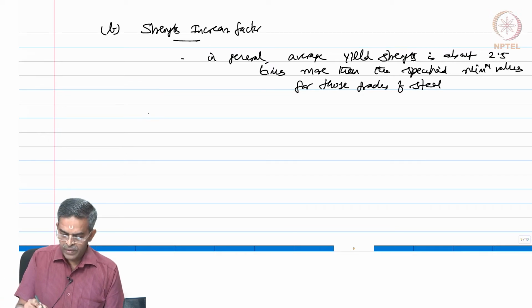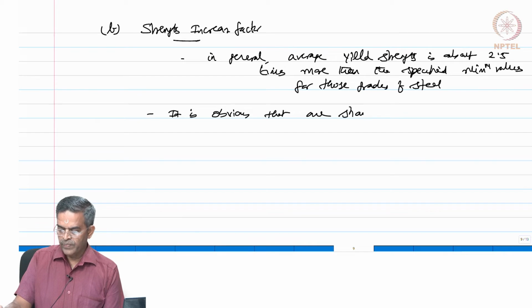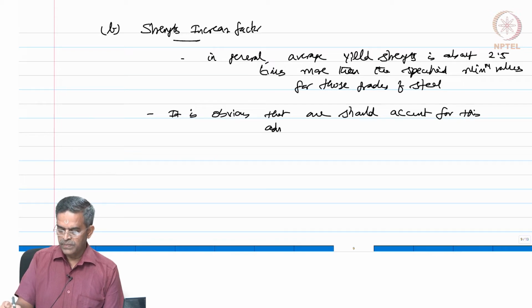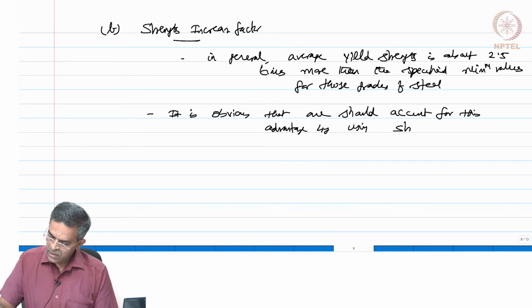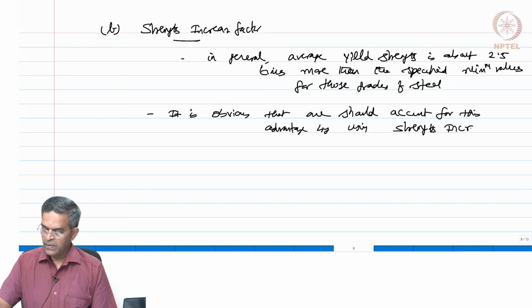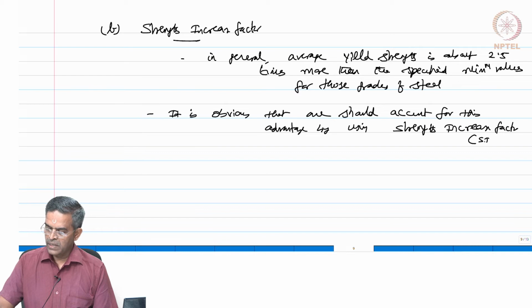Therefore, it is obvious that one should account for this advantage by using what is called strength increase factor, let us say SIF.